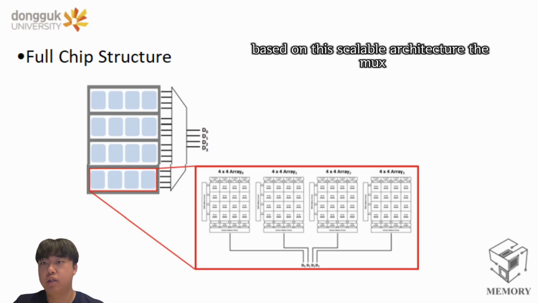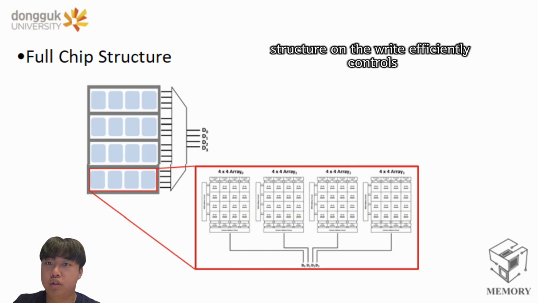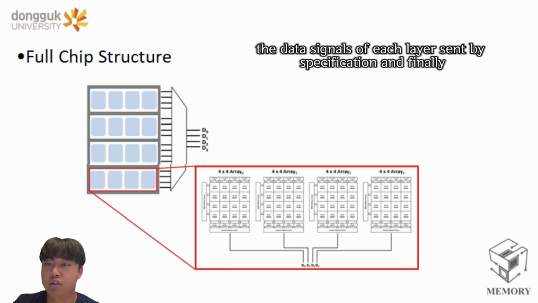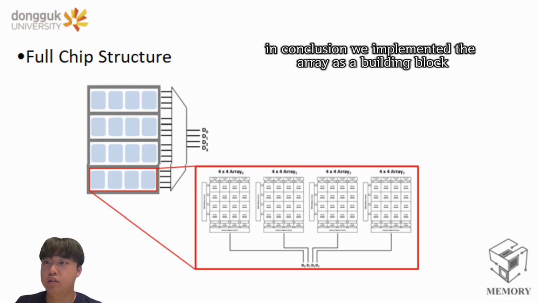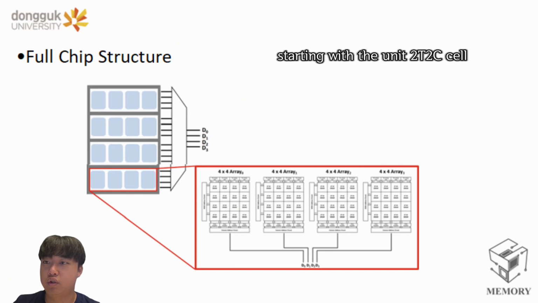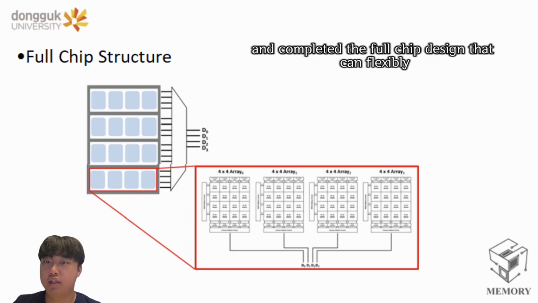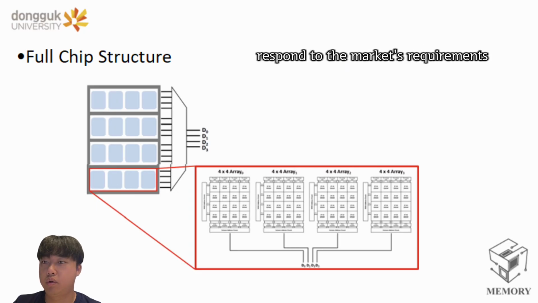Based on this scalable architecture, the MUX structure on the right efficiently controls the data signals of each layer sent by specification and finally transmits 4-bit data. In conclusion, we implemented the array as a building block starting with the unit 2T2C cell and completed the full chip design that can flexibly respond to the market's requirements such as LPDDR and GDDR.